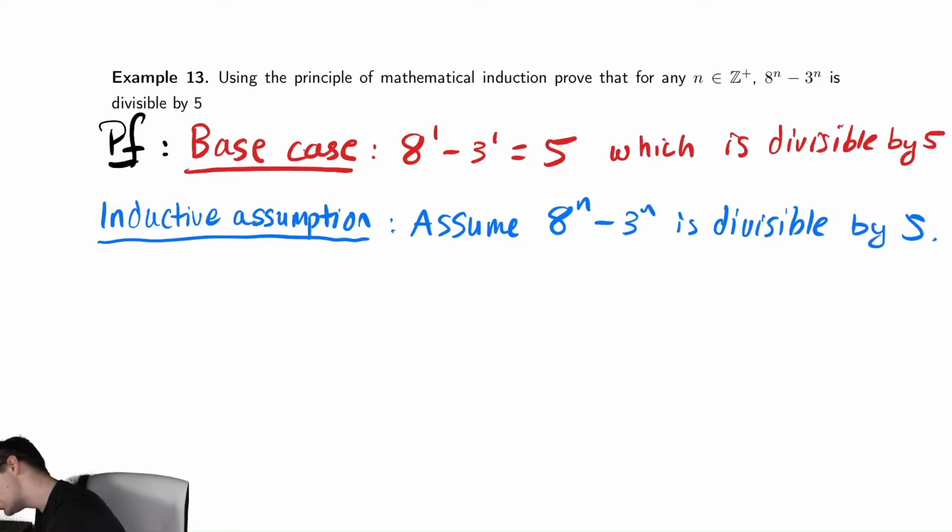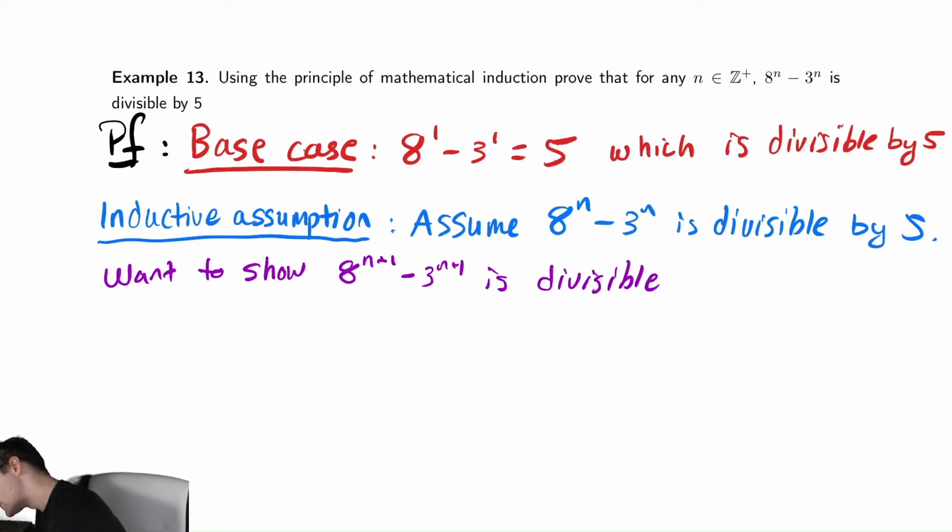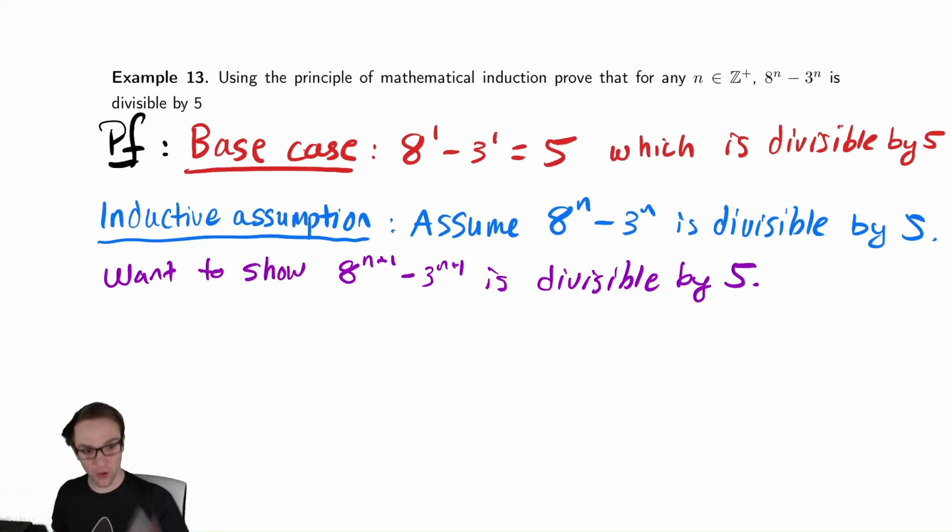And we want to show that 8 to the n plus 1 minus 3 to the n plus 1 is divisible by 5. So, just like before, we're going to start with the n plus 1 looking thing and then try to do whatever algebra helps us get to our final answer.